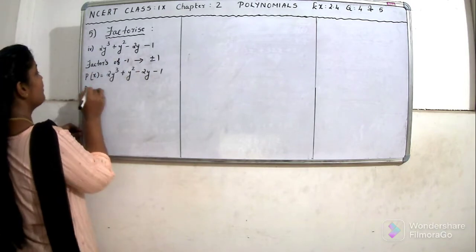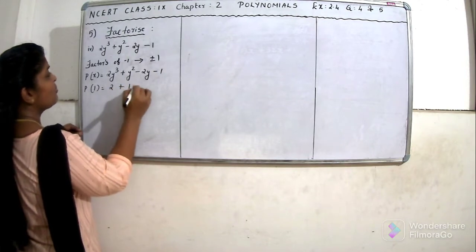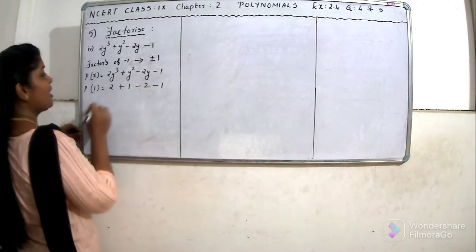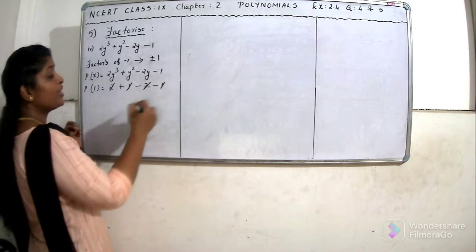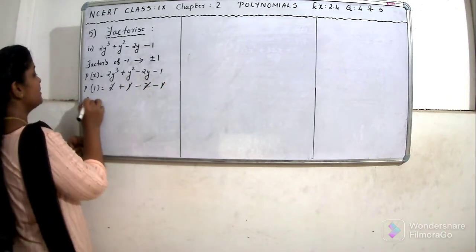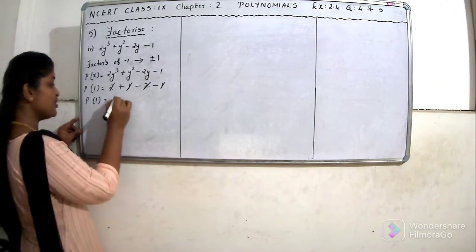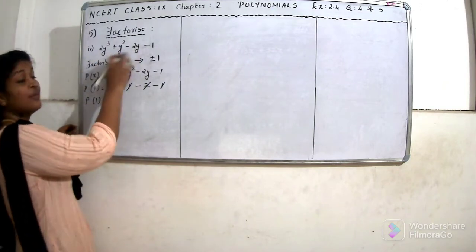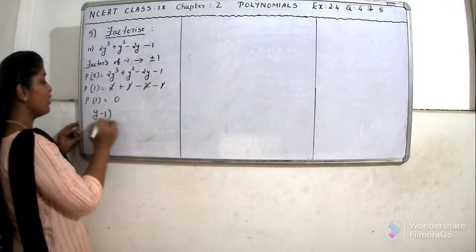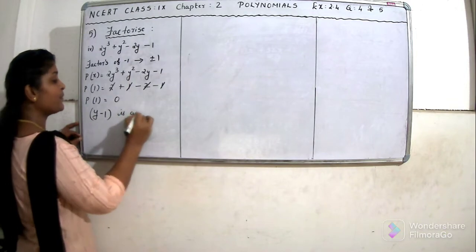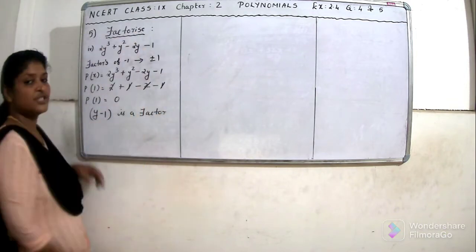Okay, so when we are substituting 1, 2 plus 1 minus 2 minus 1. Positive and negative 2 cancel, positive 1 and negative 1 cancel. That means when we substituted the value positive 1, we got 0. That means here the variable is not x, variable is y. So y minus 1 is a factor of this polynomial.